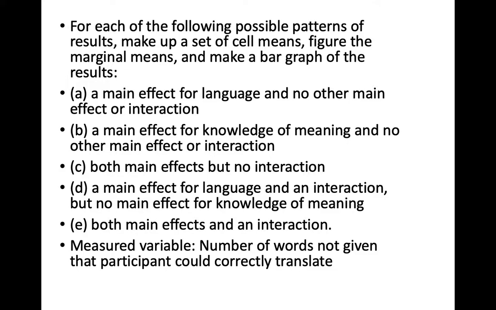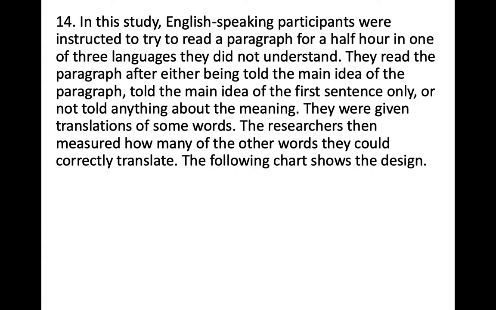In this example, there were 3 different languages, and then there are 3 different experimental conditions. In one condition there was the main idea of the paragraph. In the second condition there was the main idea of the first sentence, and in the third condition there was no information at all about meaning.